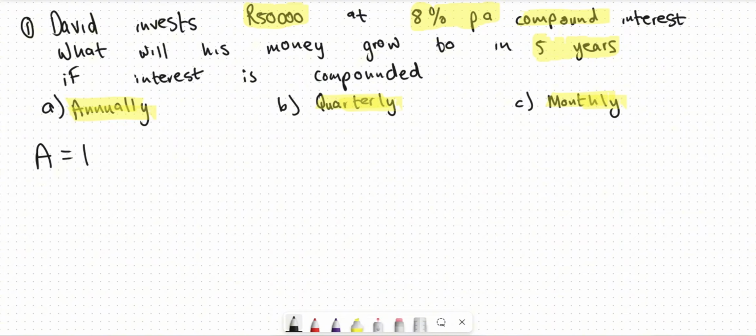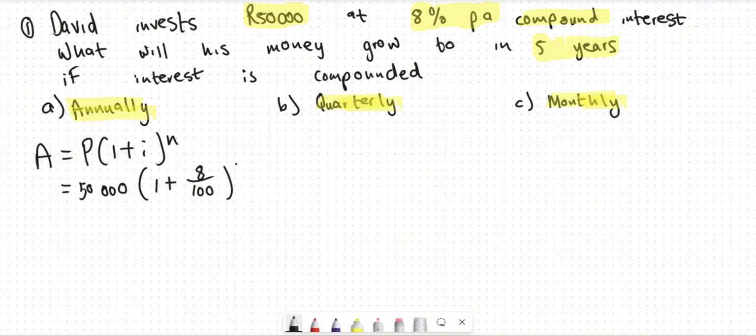So I'll whip out my compound interest formula. If it's compounded annually, that means there are no fancy divisions that need to happen to the I. So it'll just be 50,000 times 1 plus the compound interest rate. I'm going to put it as a fraction, 8 over 100.